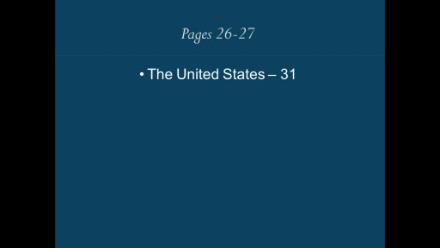So in the book, and again, we're looking at pages 26 and 27, we're showing that the United States has 31 of the top 100 companies. Germany has 13. France 10.